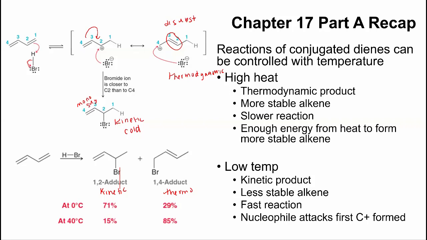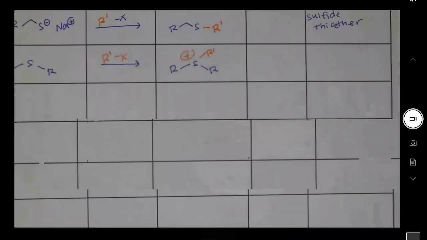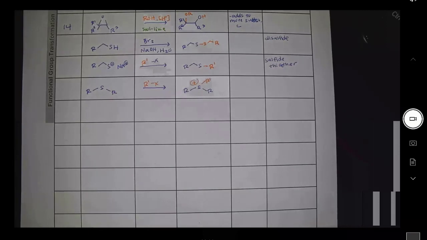All right, let's switch gears to our reaction book page. We're going to start on the functional group transformation page, which is page 8. Okay, so the first reaction is chapter 17.